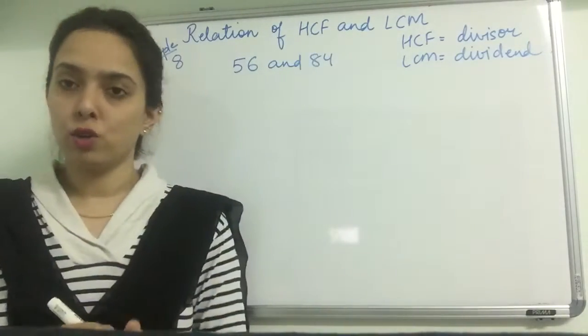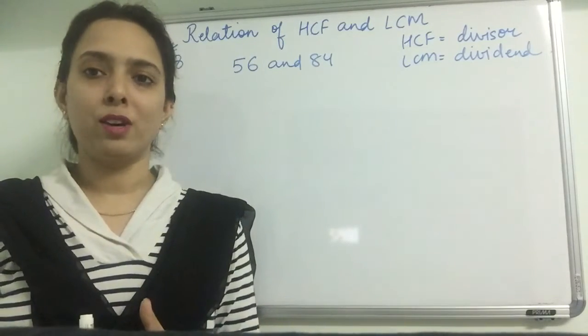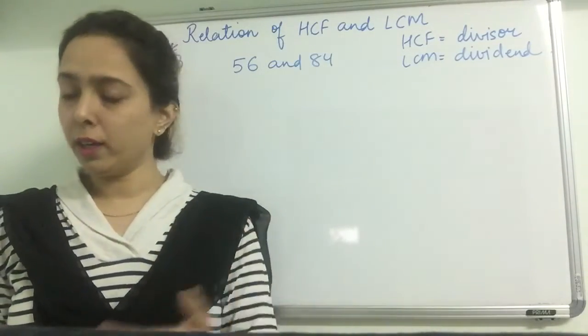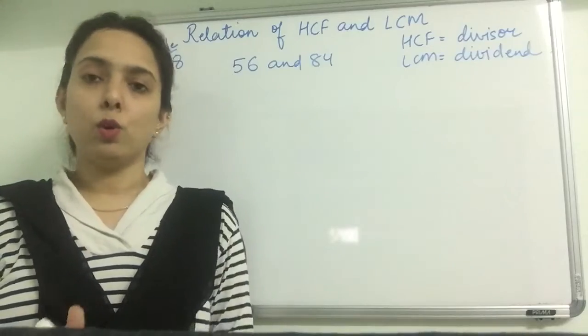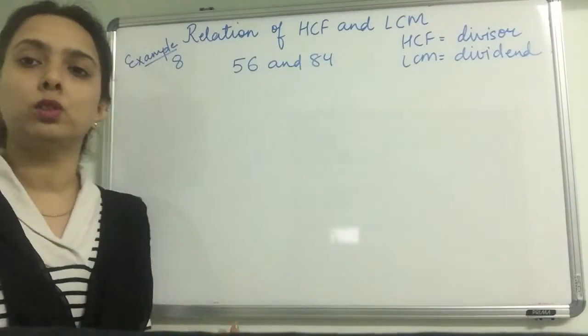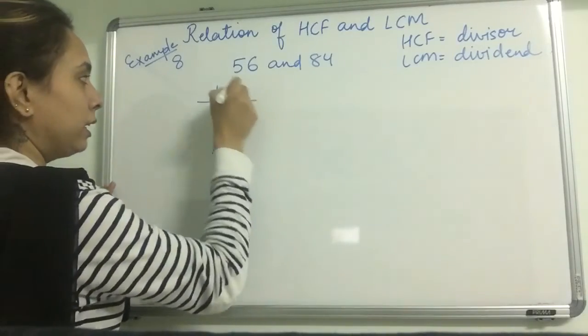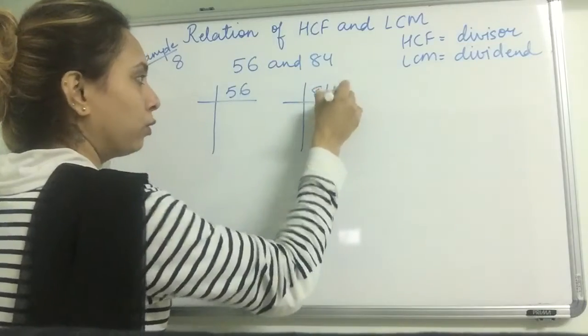Now it's totally your choice, nothing is mentioned in it. Either you can use the method of prime factorization or you can use the long division method. Here in your book the successive division method is given, so I will prefer solving with prime factorization. So let's find out the HCF of 56 and 84.